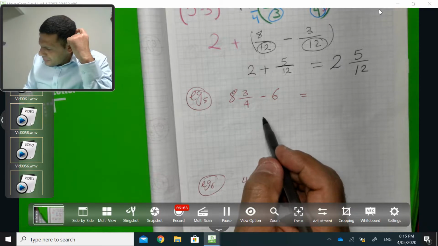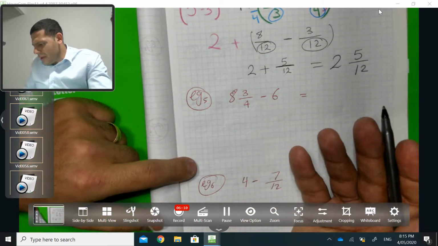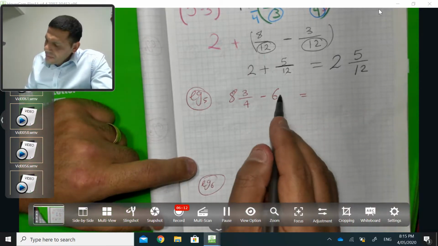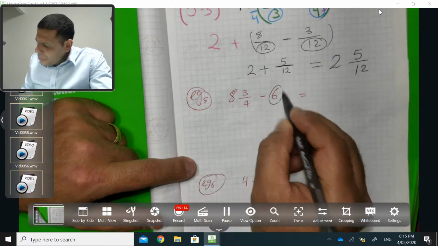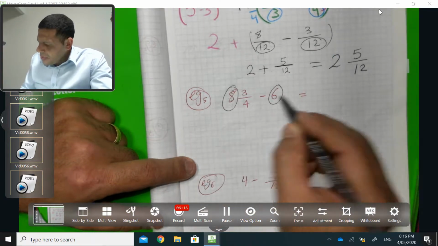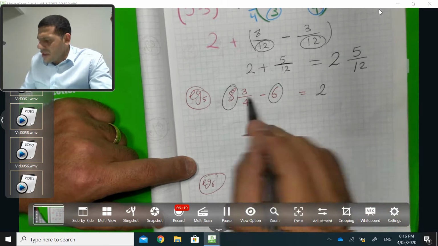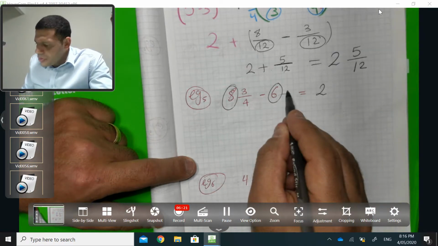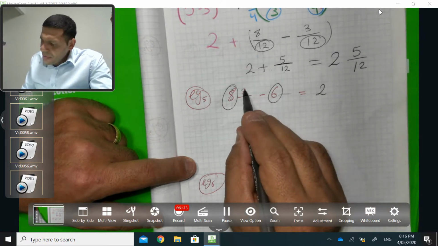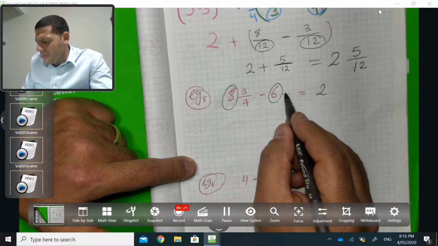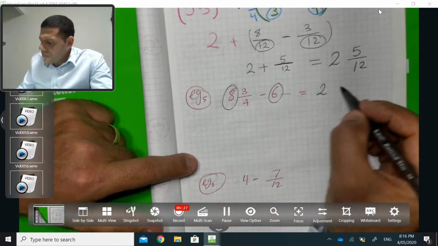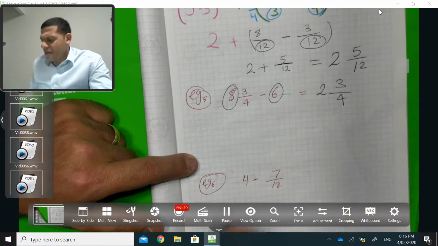Here it's an easy way to do it. You subtract the whole numbers: 8 minus 6 is 2. Do we have a fraction here? We don't, so you say 3 over 4 minus 0, which is 3 over 4. You write it as it is.